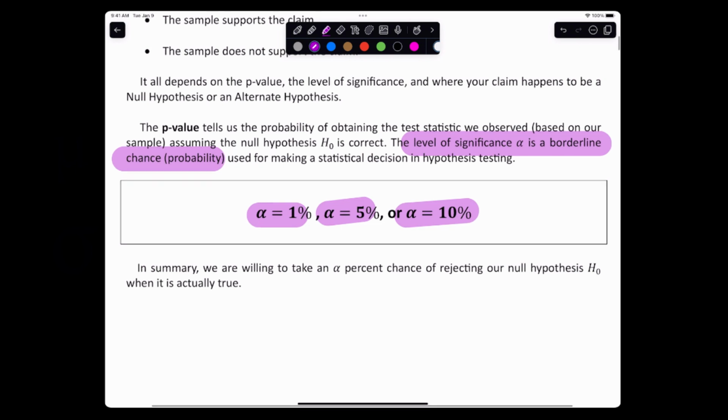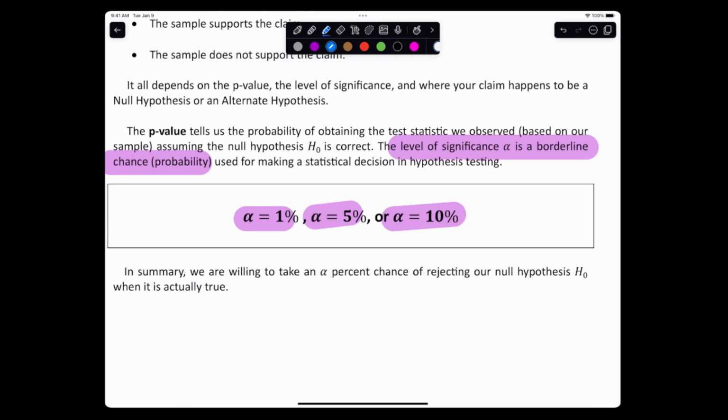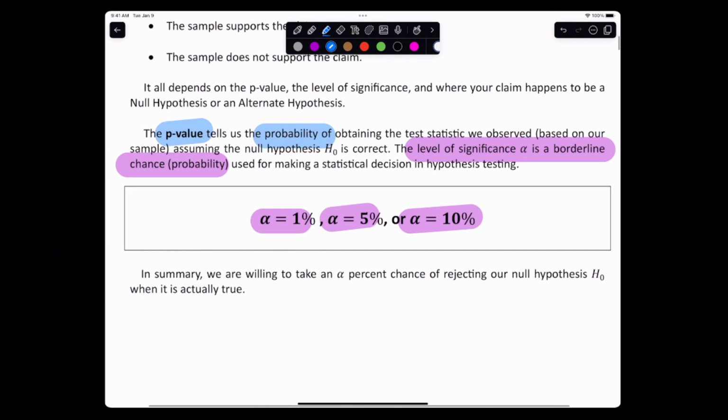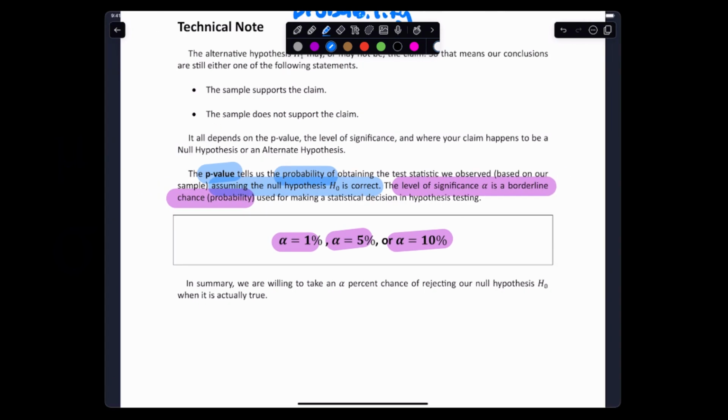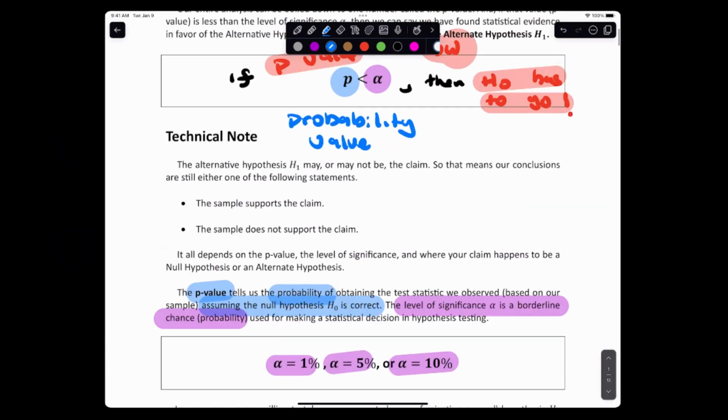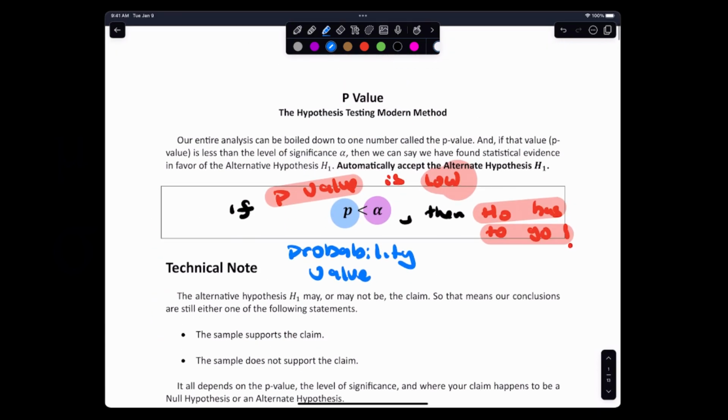Okay, so the p-value tells us the probability of obtaining a test statistic that we observe based on our sample, assuming that the null hypothesis is correct. So essentially we assume the null is correct, and if it's smaller than the level of significance, well, then we have to say, guess what? It's not happening. The null has to go.